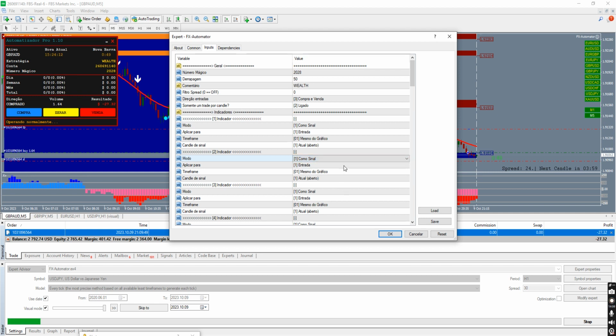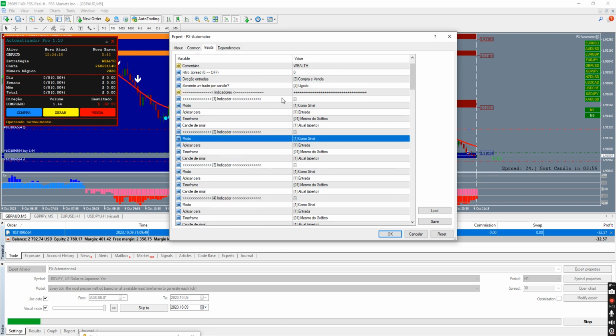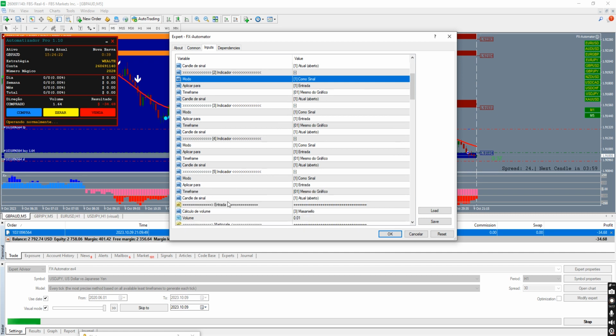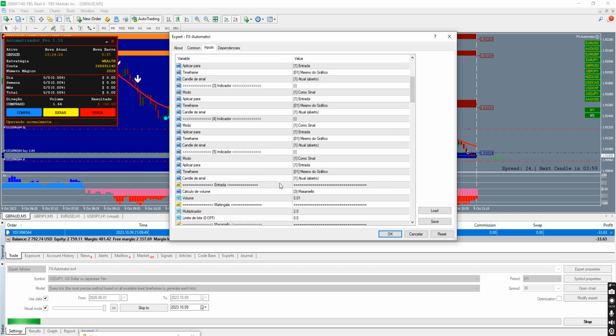Okay, so let's say that you just want the first indicator. You have set it up. Once you set it up, you scroll down here, you see 2, 3, 4, 5. Then you come here. This is where you choose your money management. As you can see, I'm using this money management here. It's called Masaniello.